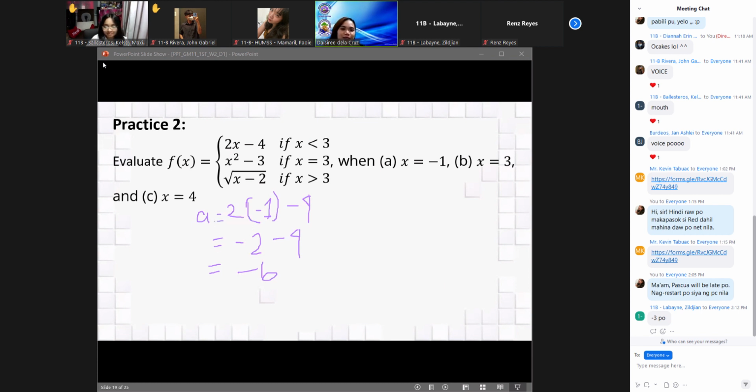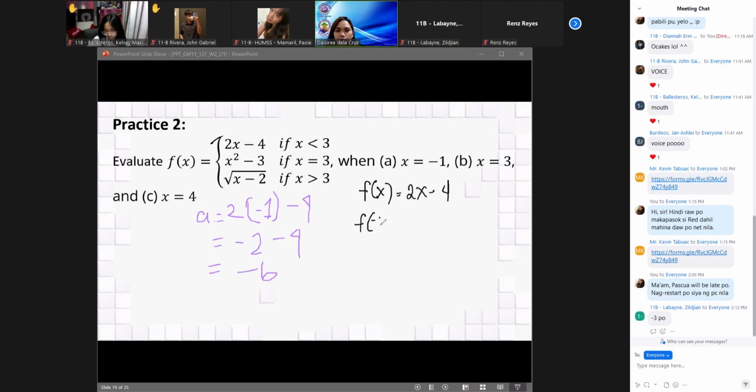Okay, so very good. For letter A, since our x is negative 1 and negative 1 is less than 3, therefore yung first condition, yung first function, ang gagamitin natin. In our first function, we have f of x is equal to 2x minus 4. Tama? And then we need to substitute kung ano man yung given na value ng x, which is negative 1.